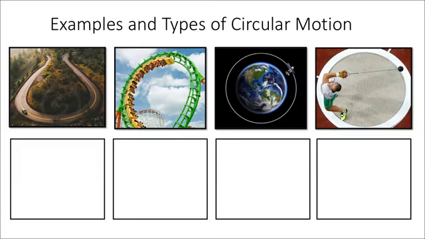Let's take, for example, a car traveling along a curved road shown in the first image on the left. What force do you think is responsible for causing that car to continue traveling in a circle? This may not be very intuitive, but the force of static friction is actually responsible for keeping the car traveling in a circle. This is a force that acts between the wheels of the car and the road.